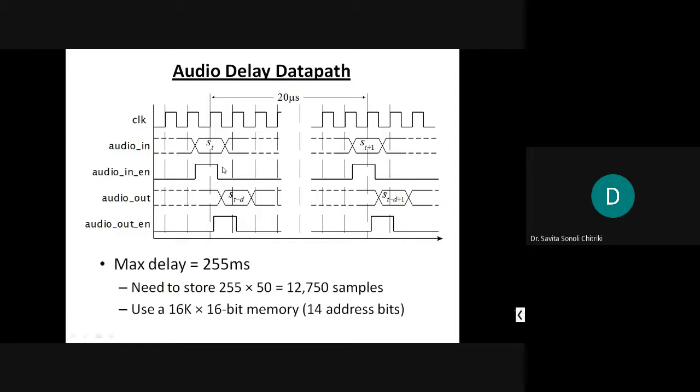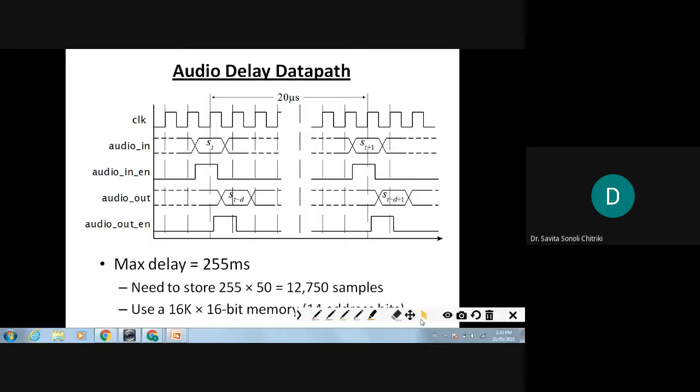Entire class, very important. Only when audio in enable goes high, the data is read. Only when audio out enable is high, then only the data is read from the memory. Audio in line is connected to the data in, D in line, and audio out is connected to the D out line. So only when this goes high, then the data is out, and only when this was high, then the data is in.